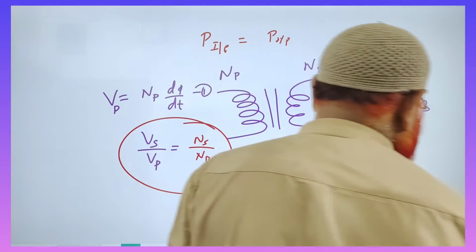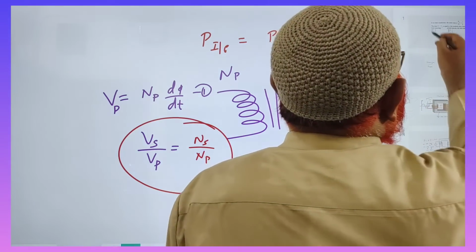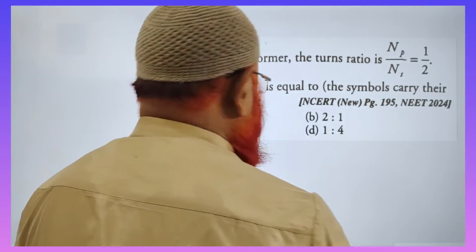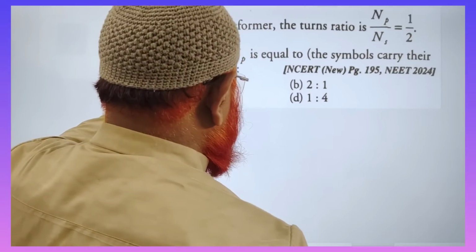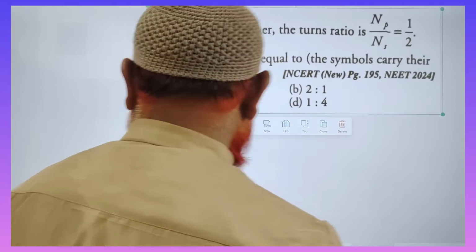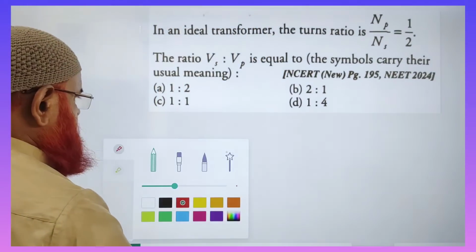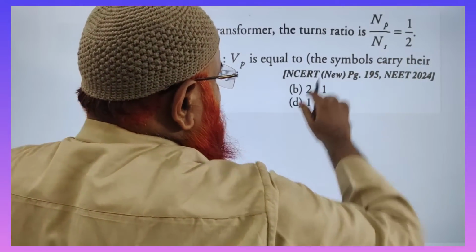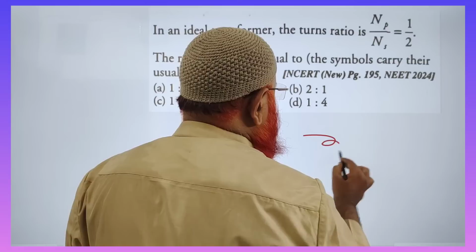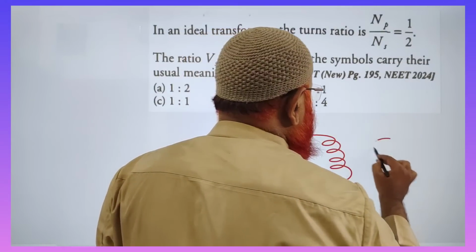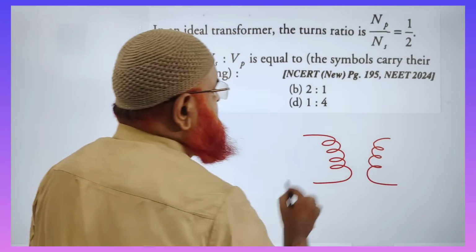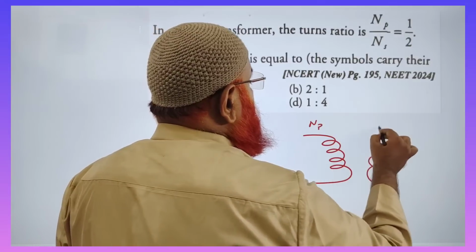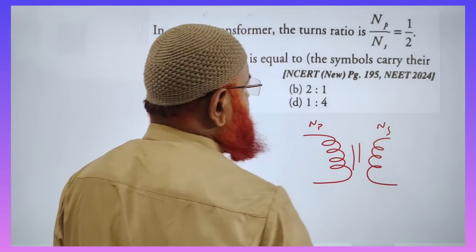Now just see this problem. An ideal transformer having a number of turns ratio. So this is N primary, N secondary.